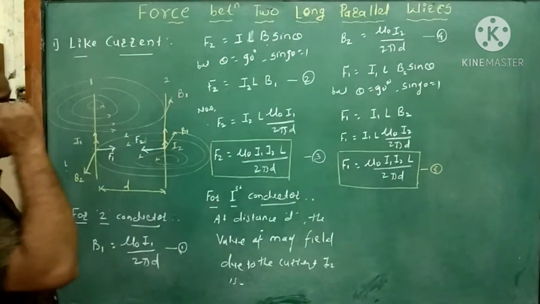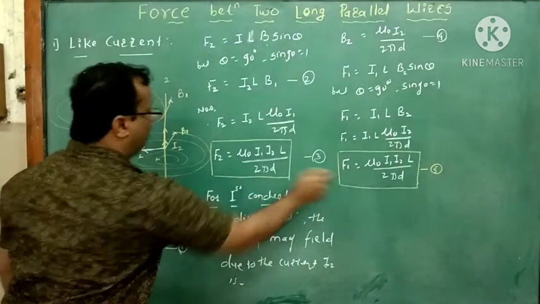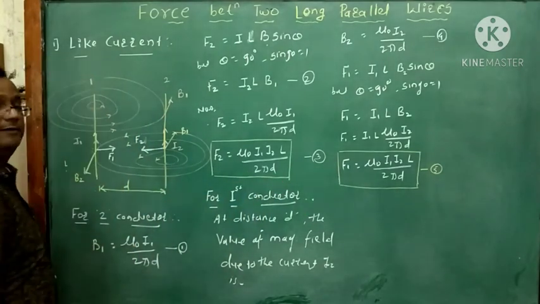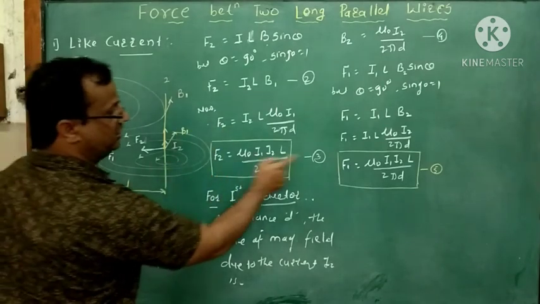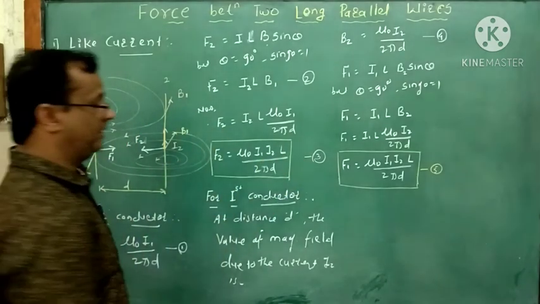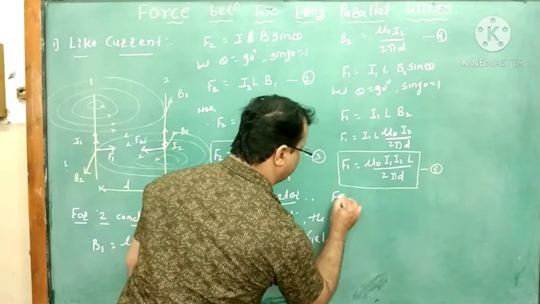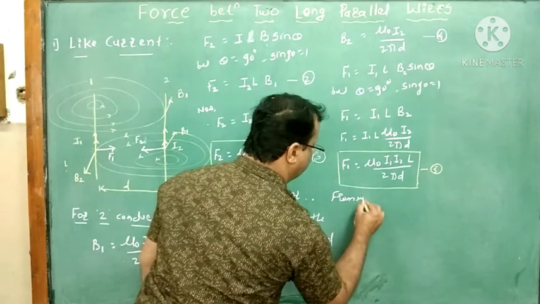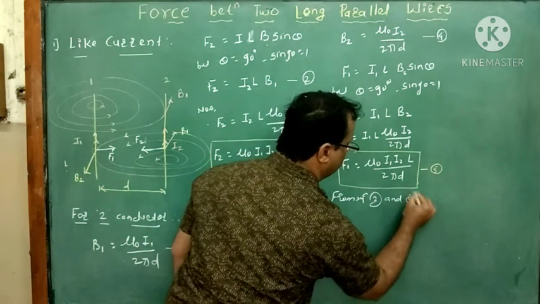Now this will be the force acting on the second conductor, and this will be the force acting on the first conductor. If we see equations 3 and 5, then what we get there?